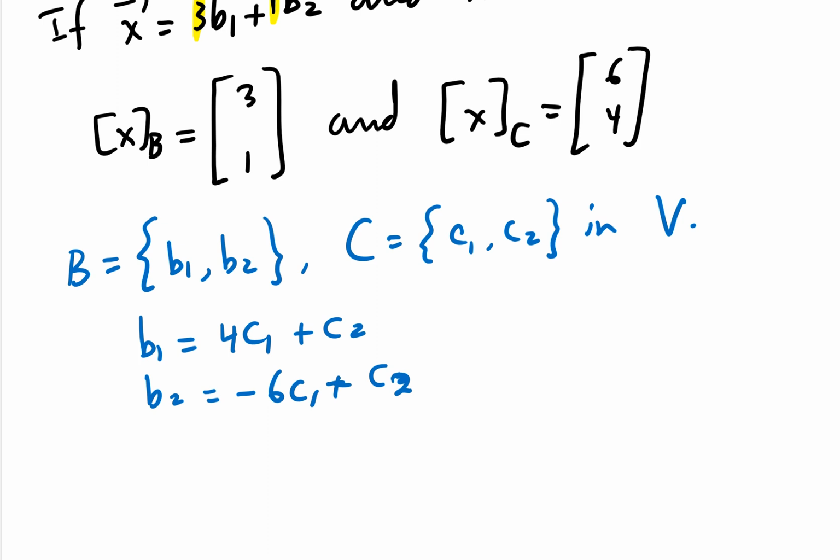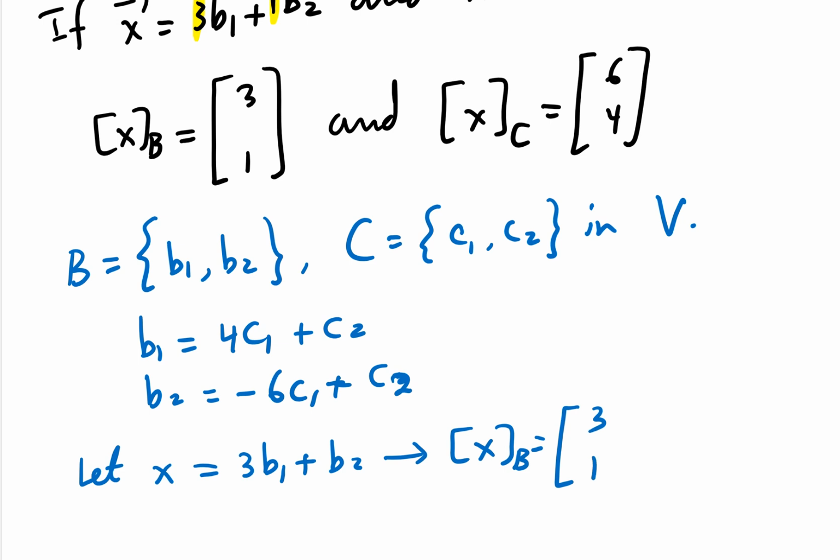Also, let x be 3b1 plus b2, the vector. So this means x in the basis B is (3, 1). What we need to find are the components of the vector x in the basis C based on the given information.